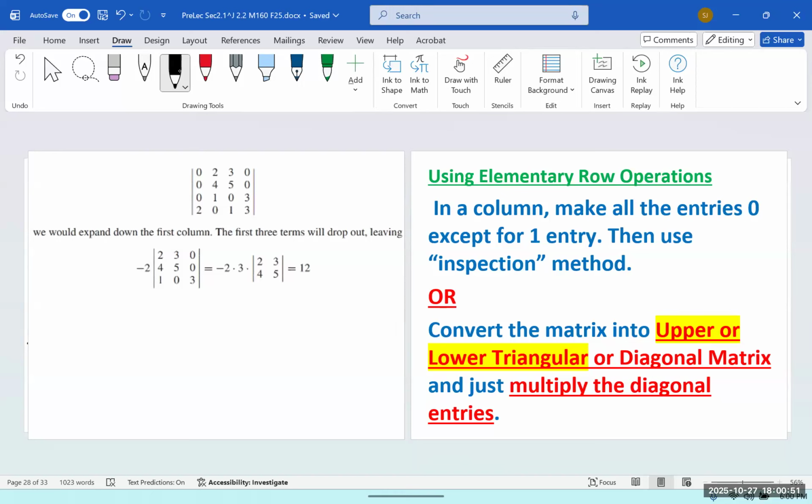It can convert your matrix into a triangular matrix, or you can convert one row or one column, or two rows or two columns, to have most zeros so that you can use the inspection method. Either you convert into a triangular matrix or make at least two rows or two columns with most zeros. One column has to have 3 zeros, the other column has to have 2 zeros. Then we can use the inspection method easily.